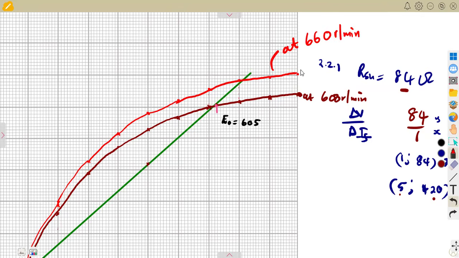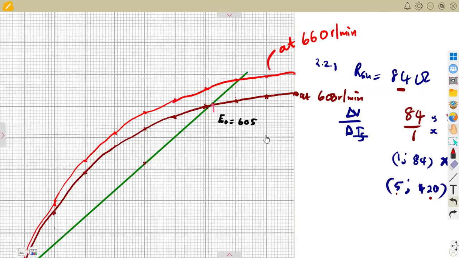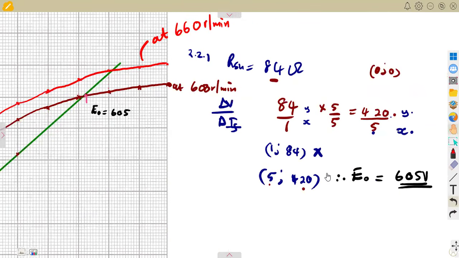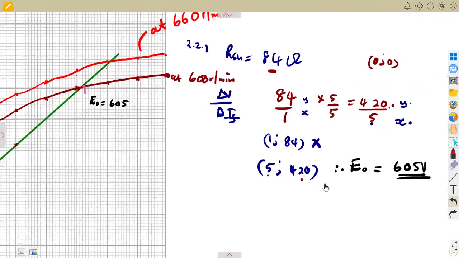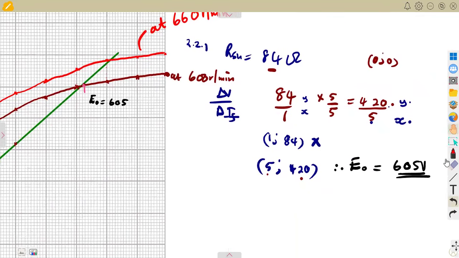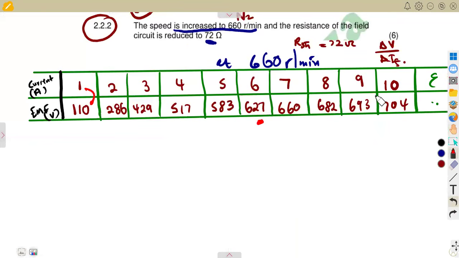So this is the one where we need the voltage, just like the previous case. We need the voltage at which condition? When our resistance is 72. Just like the previous case, how were you finding resistance? Voltage over the change in current.